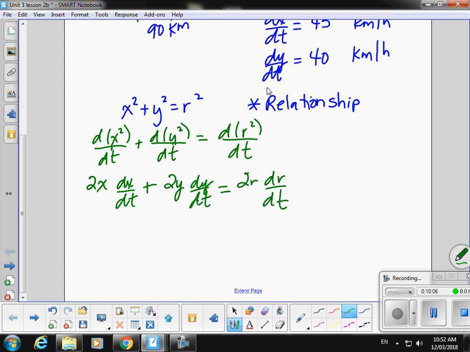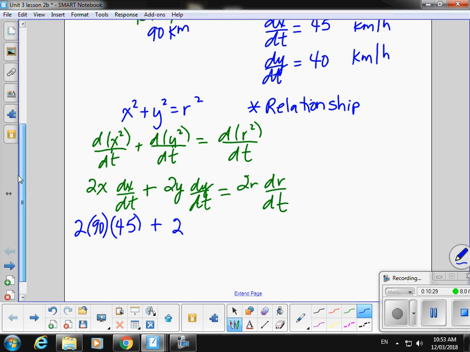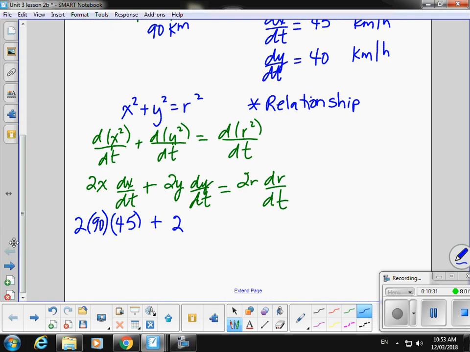It's probably not a bad idea before we tidy anything up to put in what we know. I know dx/dt is 45. I know that Ben has traveled in the x direction 90. I know the distance that, I'm getting my students mixed up here, Evan, he did 120, and his rate of change was 40.